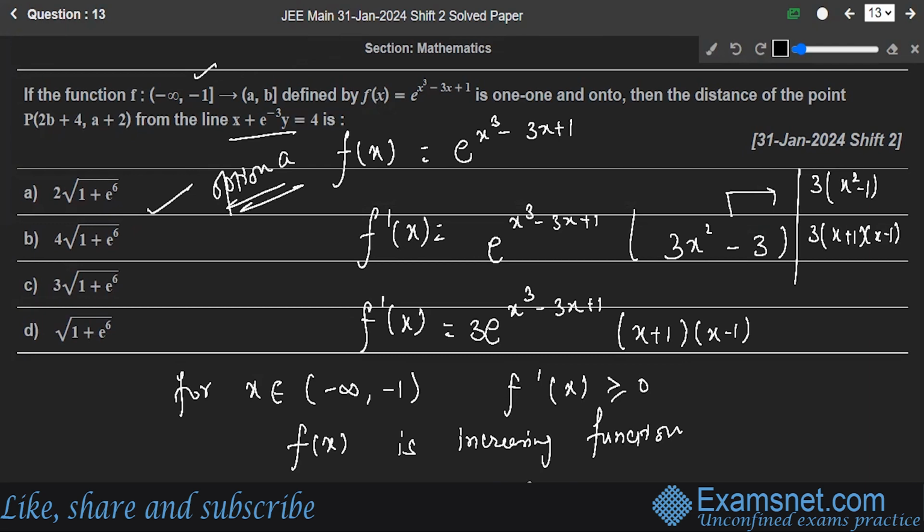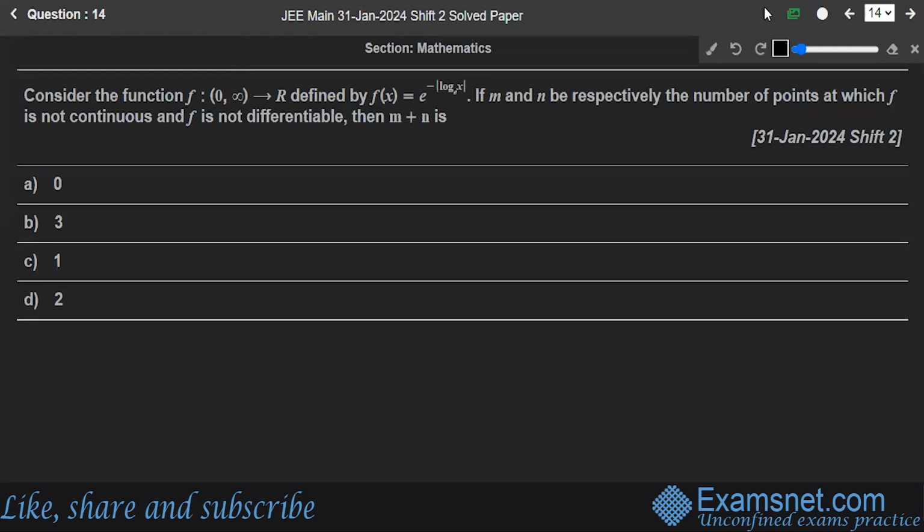Let's move to the next question. Consider the function f from 0 to infinity to R defined by f(x) equal to this. If m and n respectively are the number of points at which f is not continuous and not differentiable, what is the value of m plus n? You're having the function f(x) equal to e power minus log of x, where x belongs to 0 to infinity.